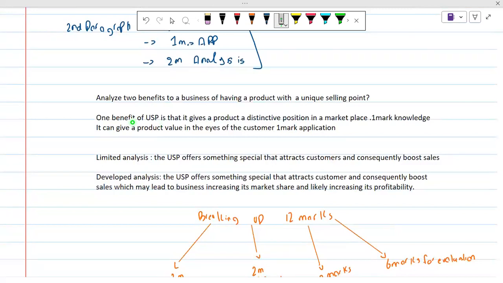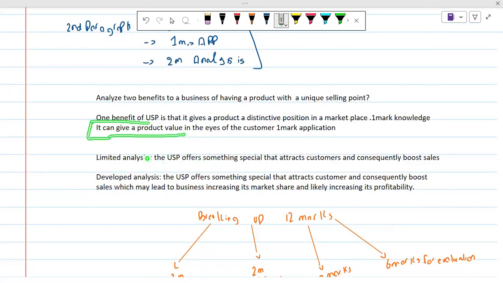In the second line, I am applying my benefit in the business context: it can give a product value in the eyes of the customer. Now I am applying this to my business.